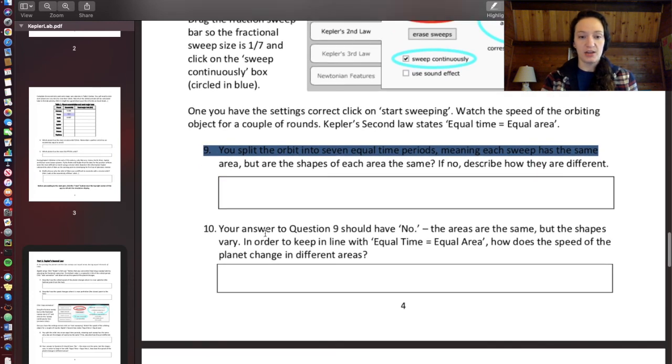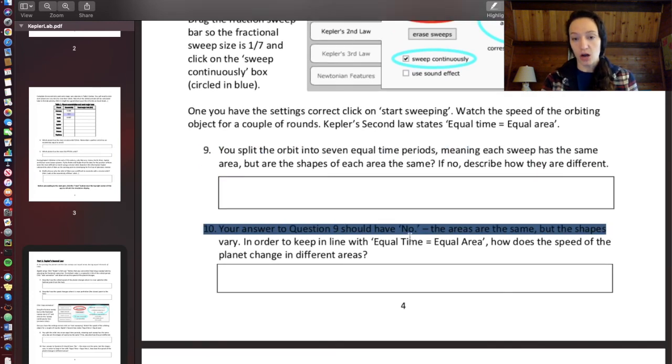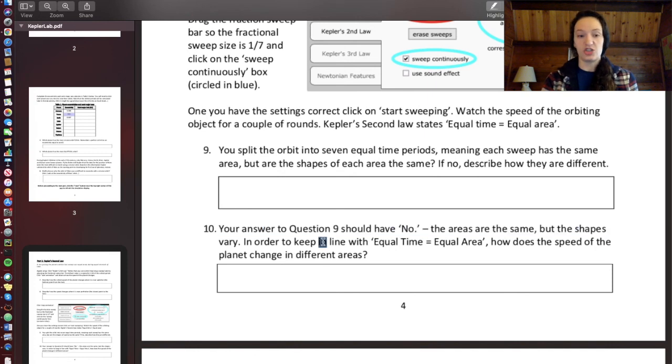And then number 10, your answer to number 9 should have been no. The areas are the same, but the shapes vary. So that just gave you the answer to number 9. We're looking for a bit more than that. I would like you to describe how the shapes vary. And then it says, in order to keep in line with equal time equals equal area, how does the speed of the planet change in different areas?